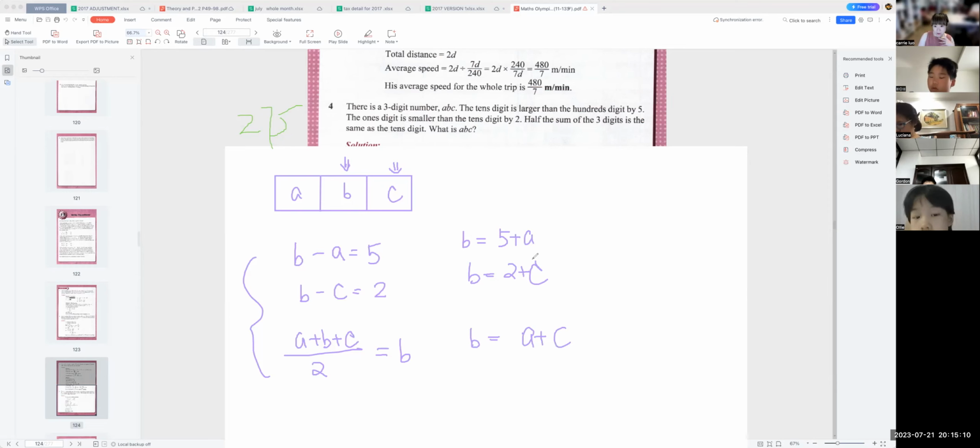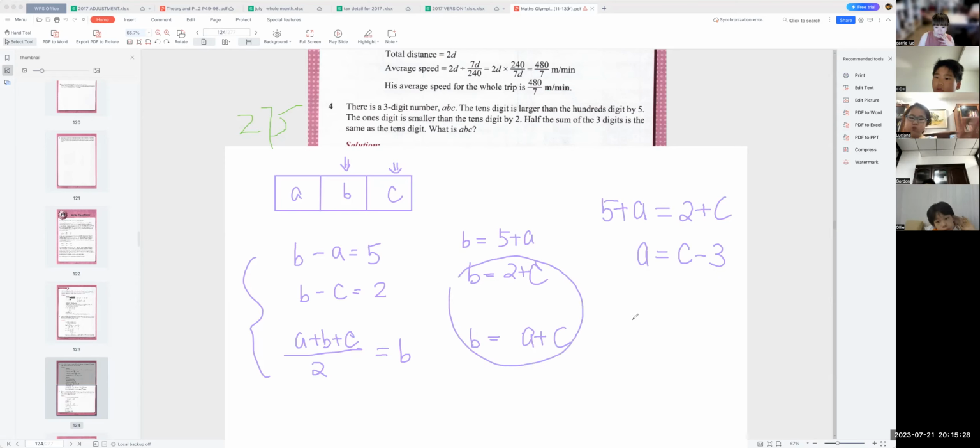Correct, everybody? Okay, so we can have the equation. So 5 plus A equals 2 plus C. So A equals C minus 3. And here we can have 2 plus C equals A plus C. So A equals 2.